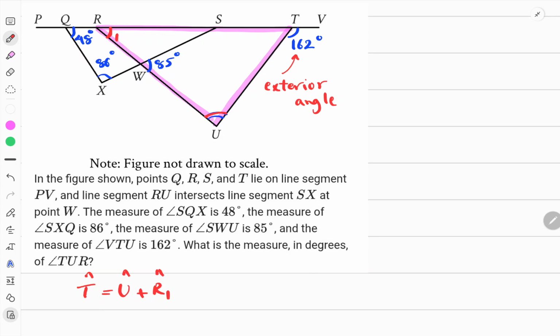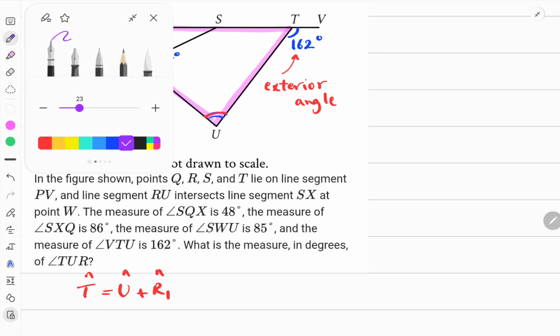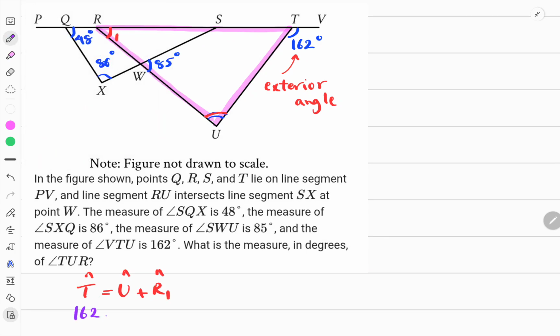Okay, we know T is 162, U is unknown, and we need to first of all find R1. Okay, let's go for finding R1. Okay, so far so good.